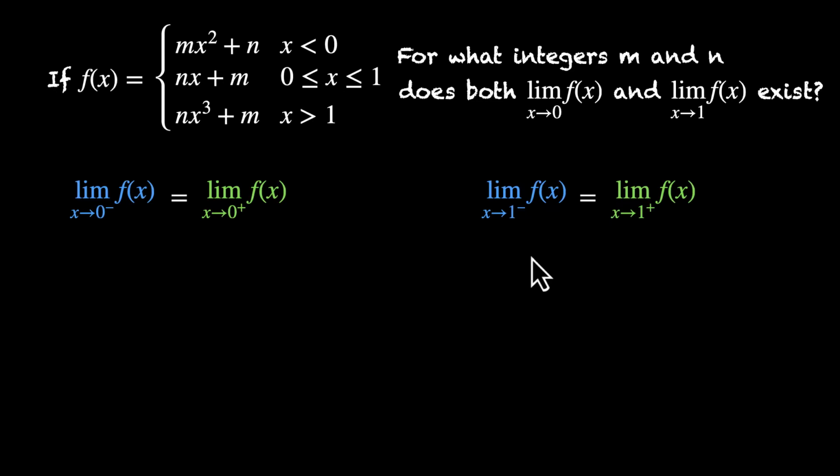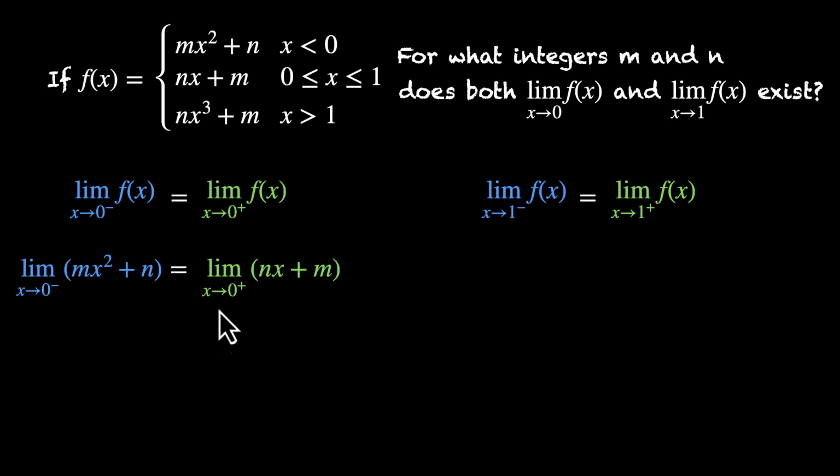Let's do that. For this one, left hand limit at 0, we'll use this definition, mx square plus n. So this is limit x approaches 0 minus mx square plus n. This is the x approaches 0 plus, which means the right hand limit at 0. So we'll use this definition, nx plus m, limit x approaches 0 plus nx plus m.